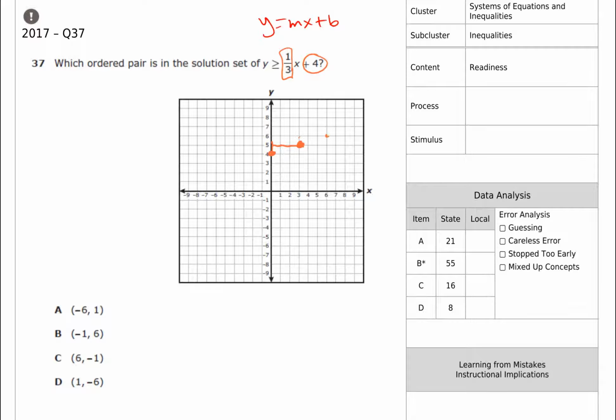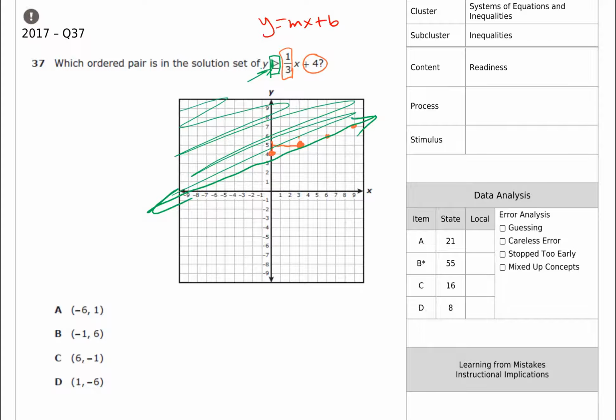Up 1, right 3. And then we look at the inequality. It's y is greater than. The large side is there, so we know above the line is going to end up being shaded, and it's got an or equal to, so it's a solid line. That's a pretty poor line, but it's a solid line.